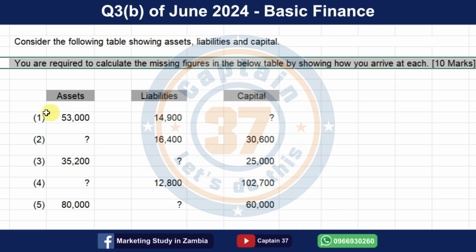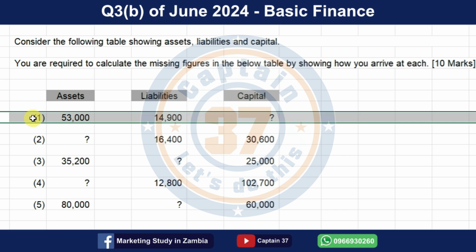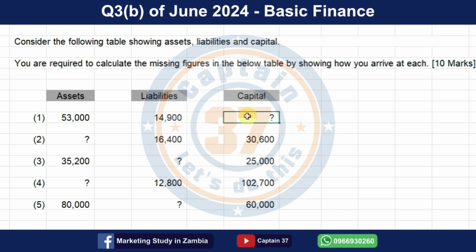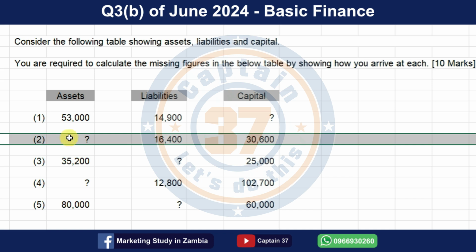So you notice that, for example, in number 1, we've been given the asset value and the liabilities value, but the capital value is a question mark. So we have to calculate and put the correct amount here. For number 2, we need to find the assets. We have been given the liabilities and the capital.